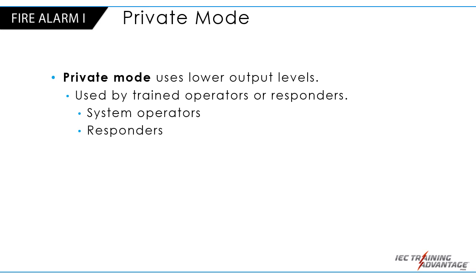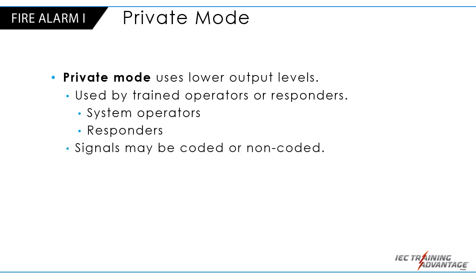We talked about a child daycare or a hospital, where if it was in full alarm, that panic may actually cause a greater danger during the evacuation than an evacuation led by trained responders.